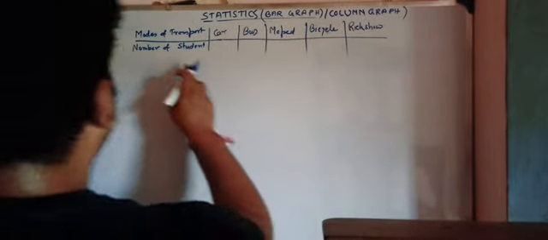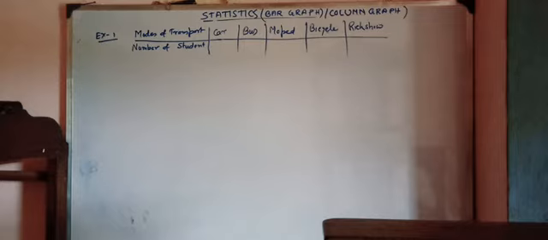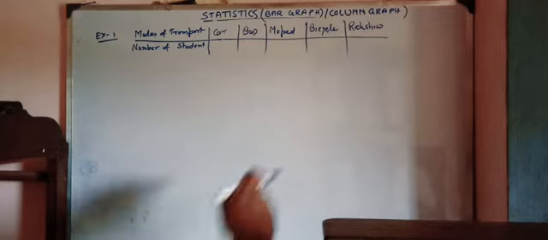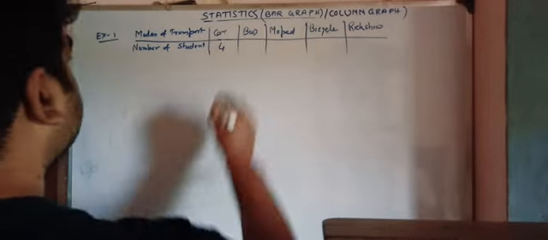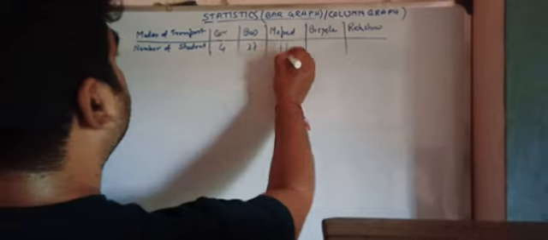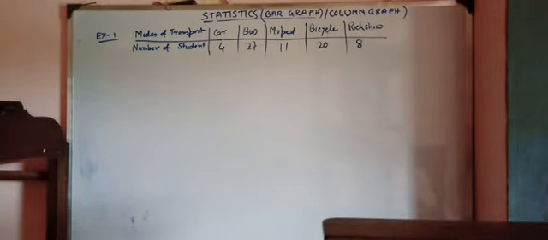Next, the number of students corresponding to the modes of transport used by the students for going to school. So here car is 4, this is 27, next 11, next 20, next 8. Okay, so draw a bar graph representing the above data.